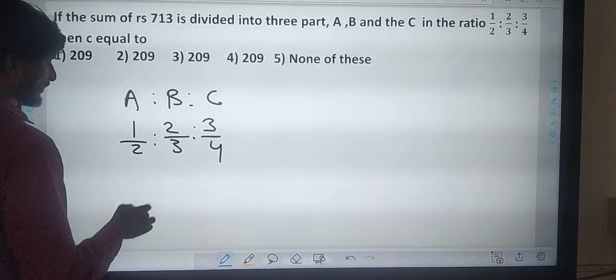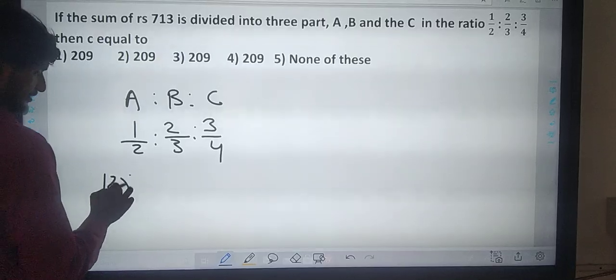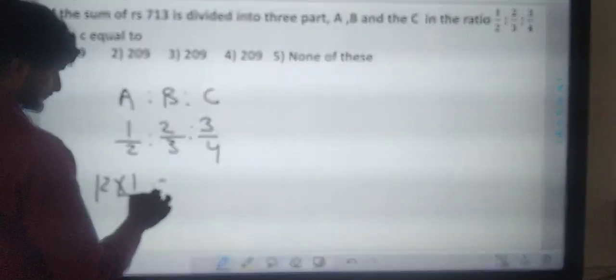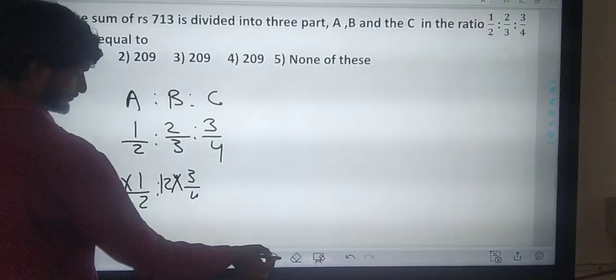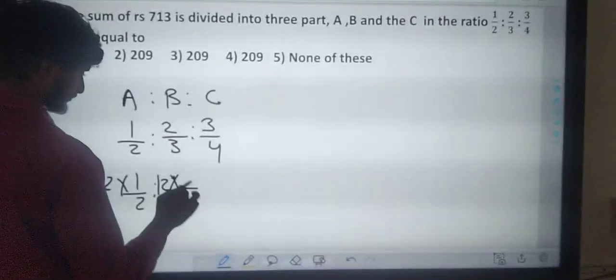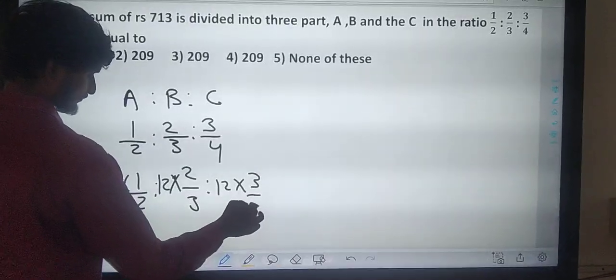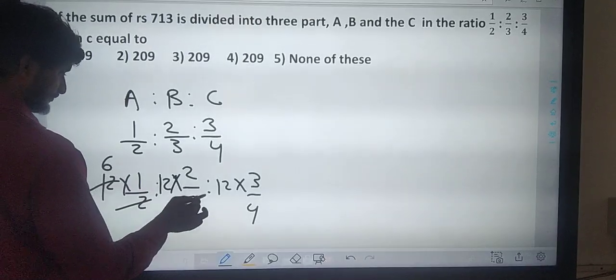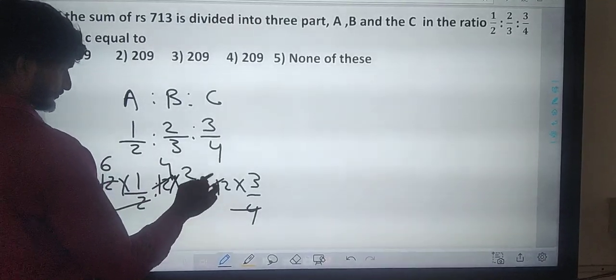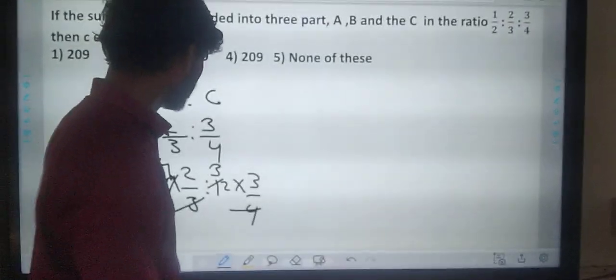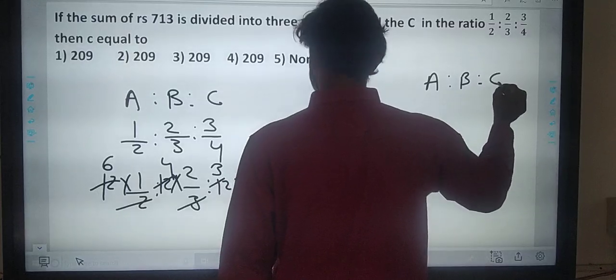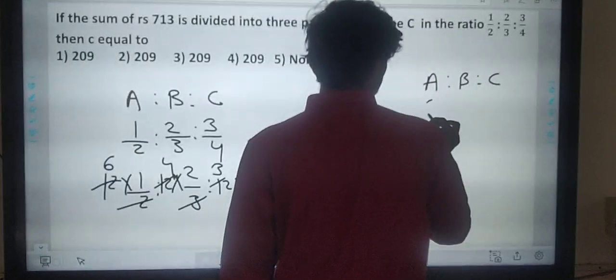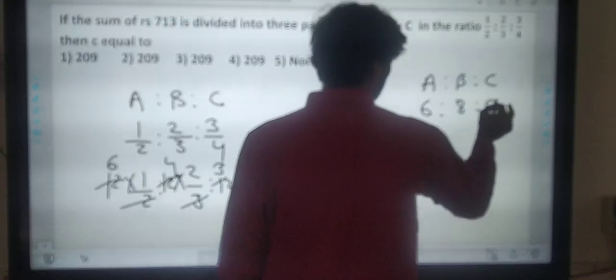Then we multiply this by 12. Then 6 to 8 to 9. Then the ratio of A to B to C is 6 to 8 to 9.